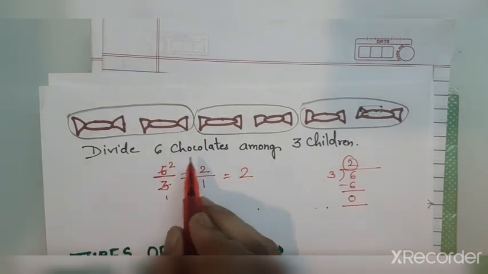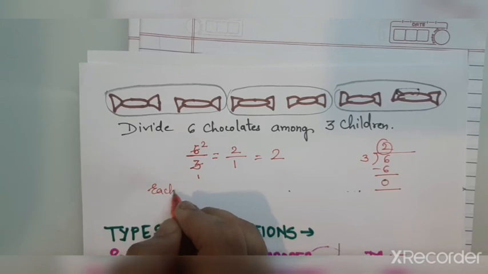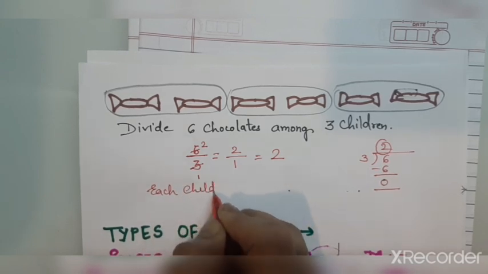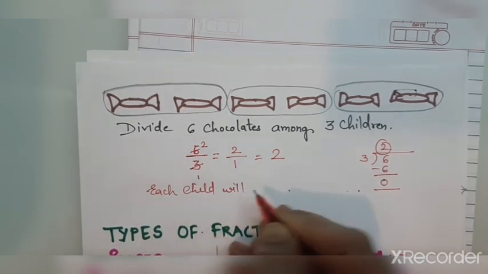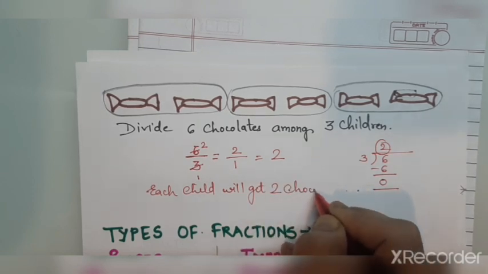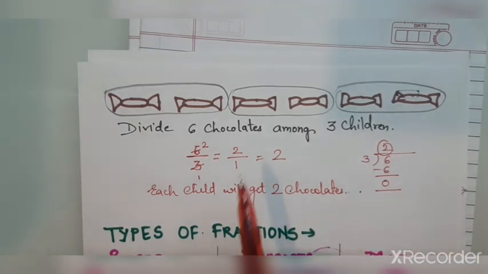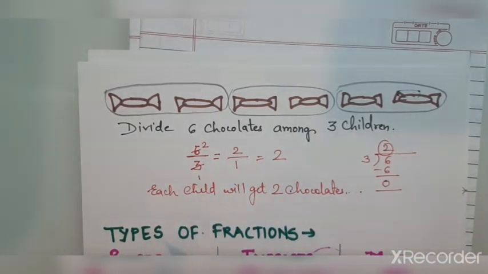So if we divide 6 chocolates among 3 children, each child will get how many chocolates? Each will get 2 chocolates.